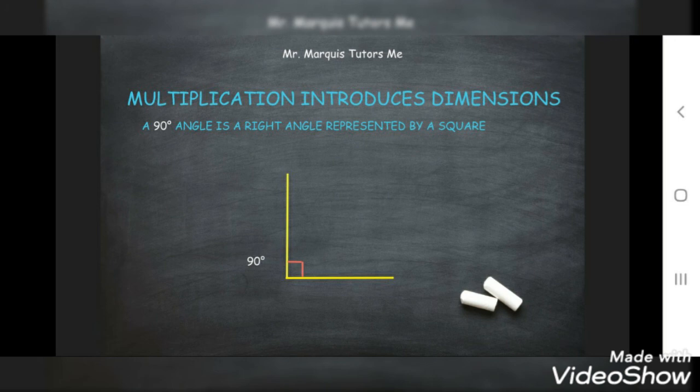Now, that 90 degrees doesn't have to be on the baseline like that or straight up like the wall, but this is exactly how they measure your wall, your ceiling, your doors. If you look at your doors, you can see 90-degree angles in the doors. If you didn't have 90-degree angles, your home wouldn't stand up straight.